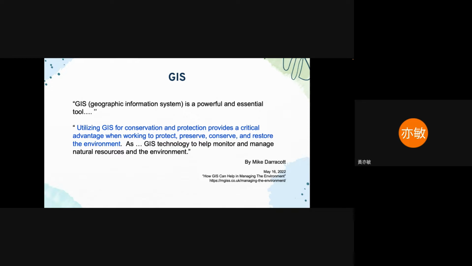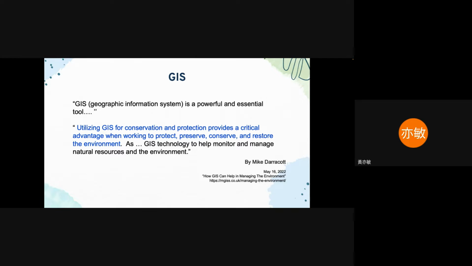We can take a critical advantage when we try to protect, preserve, conserve, and even restore the environment. Here, I would like to highlight that we can protect. You can protect people, you can protect your environment, or you can avoid further damage from the natural disaster.